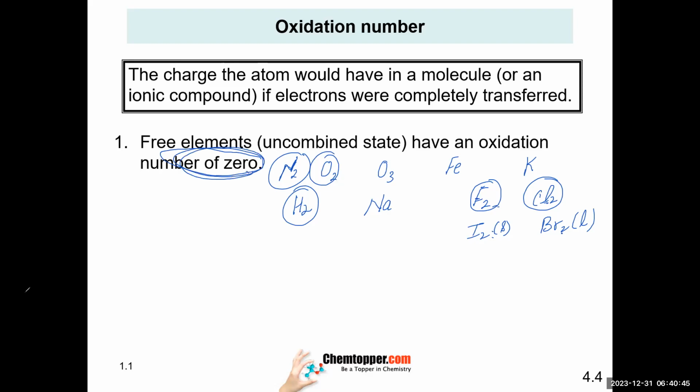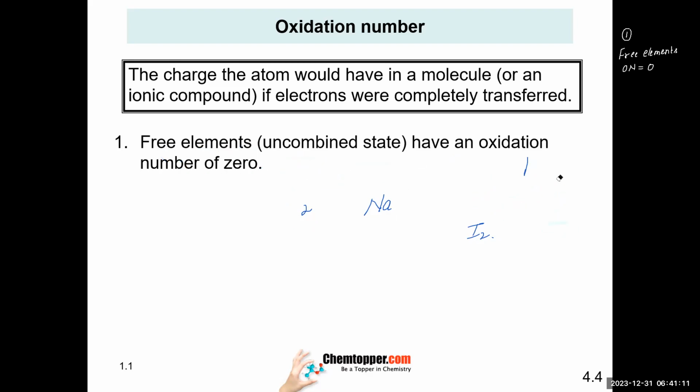Is it okay? So generally, we can write in brief like this. Rule number 1, free elements. You know the meaning of free elements now? Free elements means pure elemental form, not combined with any other element. Oxidation number is 0. Is it okay? Rule number 1 is clear. Write it like this, the way I have written on the side.